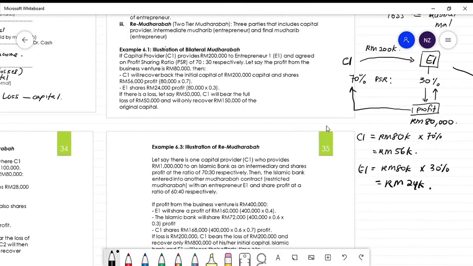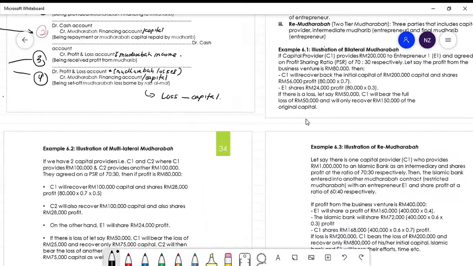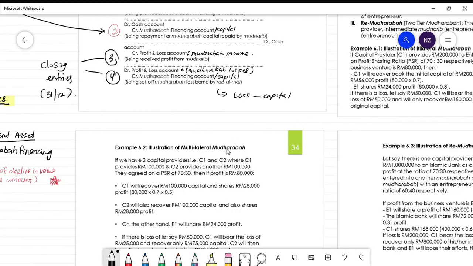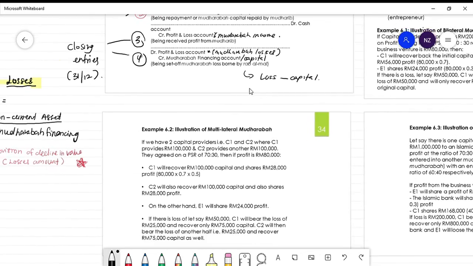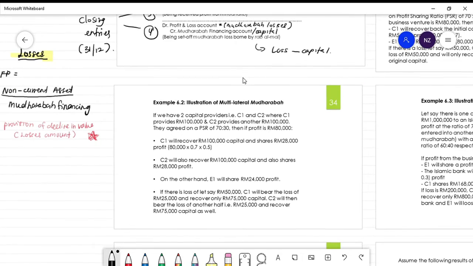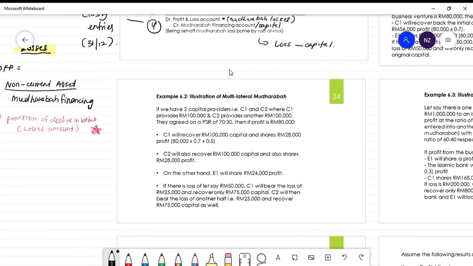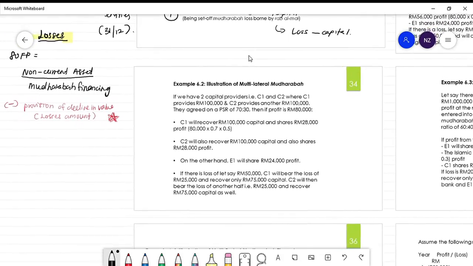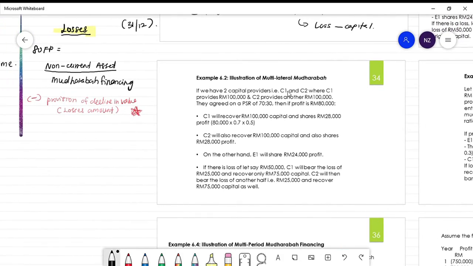Now kita tengok pula example on multilateral mudharabah, which is this one is involving like several capital providers kan, and one mudharib saja. So let's say kita baca and then kita keluarkan dia punya key point.